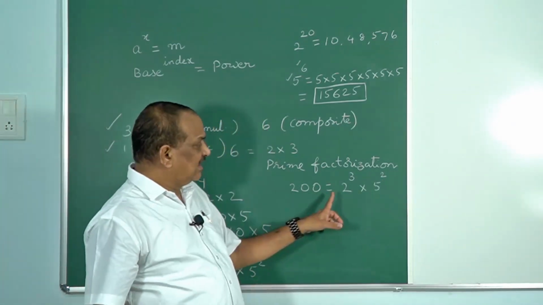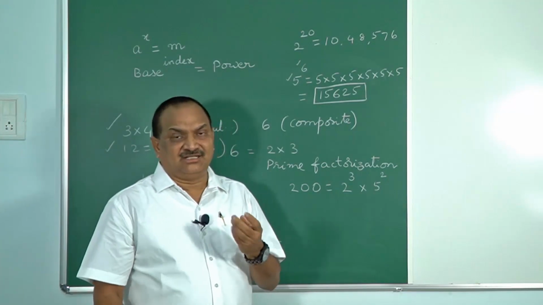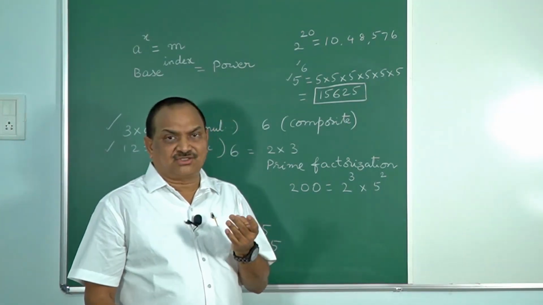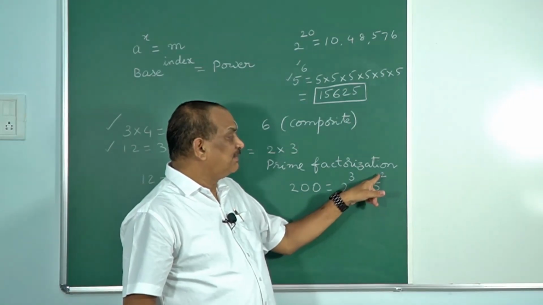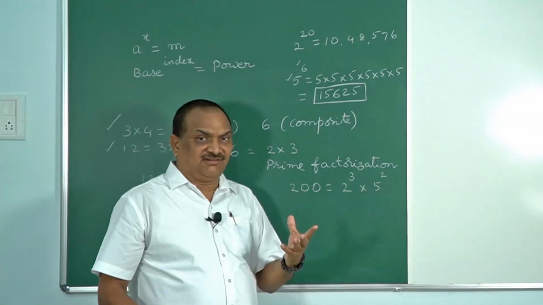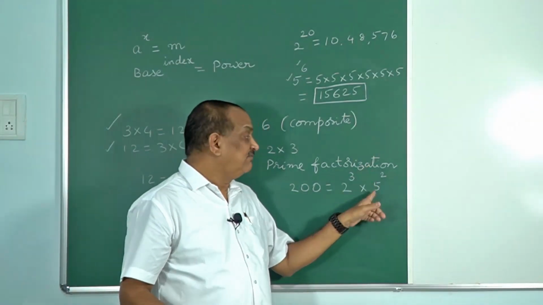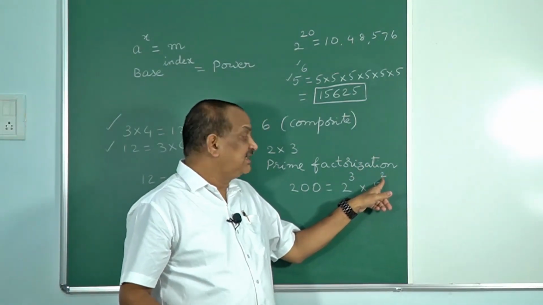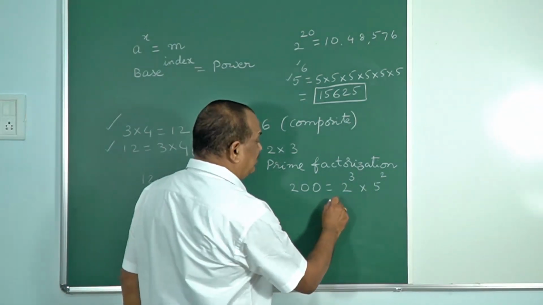Let us understand how this works. When 2 is cubed, of course, you get 8: 2 times 2 is 4, 4 times 2 is 8. And 5 raised to the power of 2 is 25.